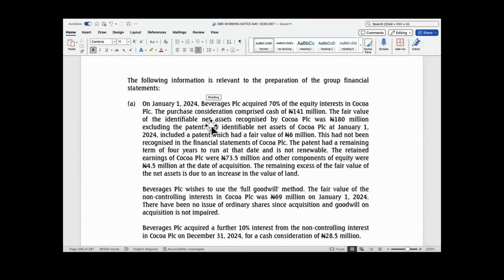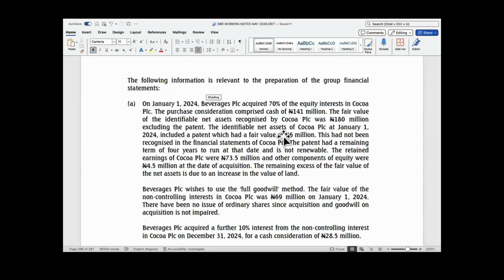Ordinarily, this statement itself is rather confusing, right? But I will just focus on the follow-up. It's a follow-up from the last sentence, because they gave me 180 million and said this amount excludes patent. Now they gave me the patent. So I just focus on the patent that they gave me.